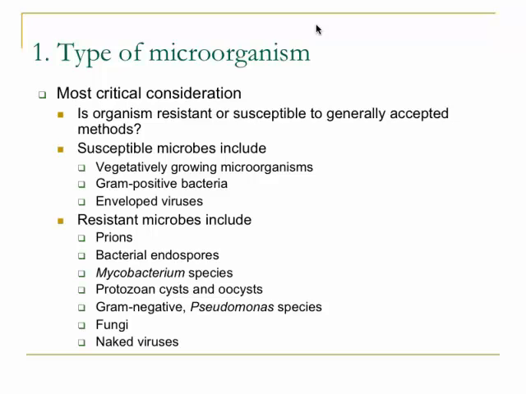And they have many layers that protect them from UV irradiation, from chemicals entering. So a lot of the chemical disinfectants cannot penetrate these many layers. Also, they're resistant to drying out and resistant to high heat. So even boiling water for hours may not remove the endospores in that solution.